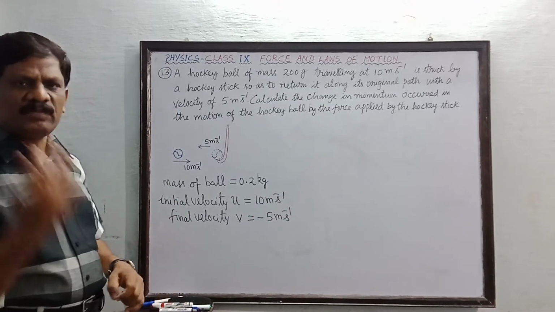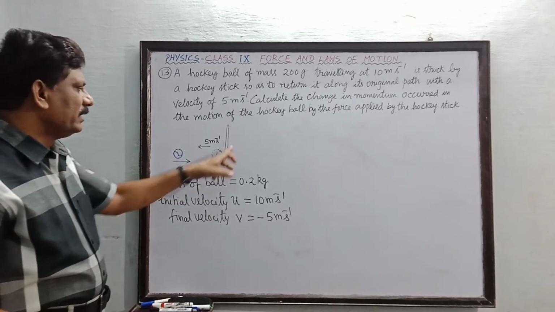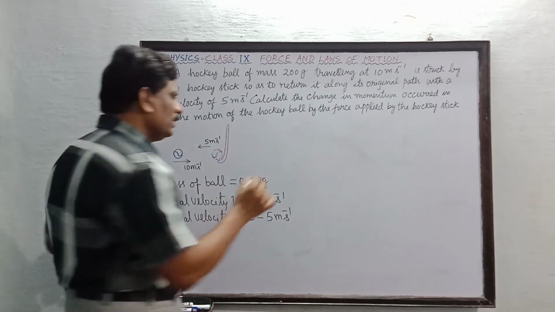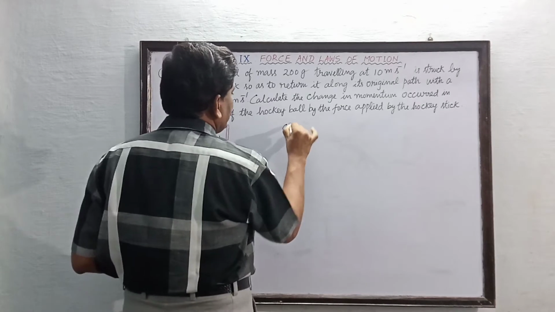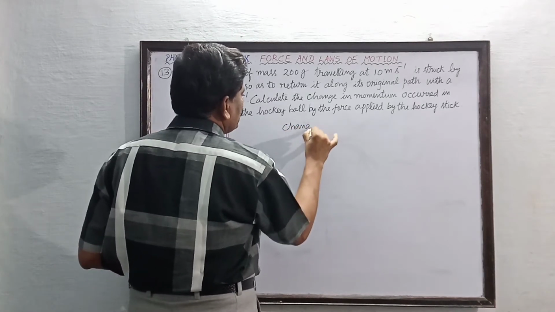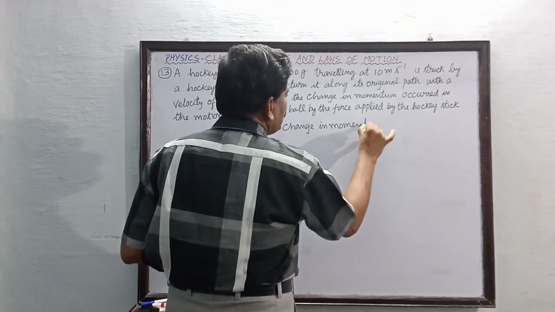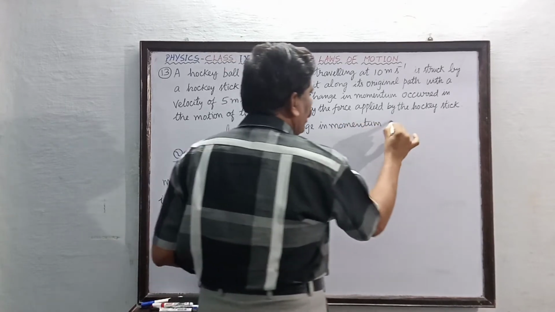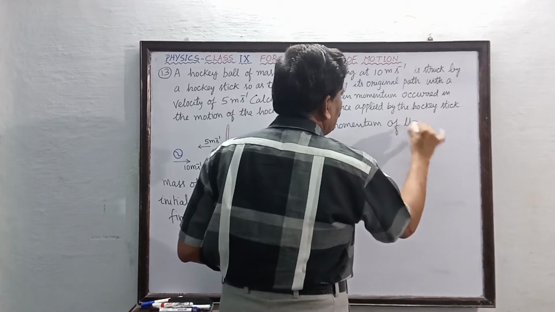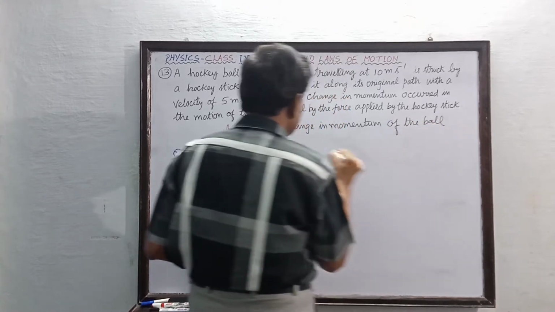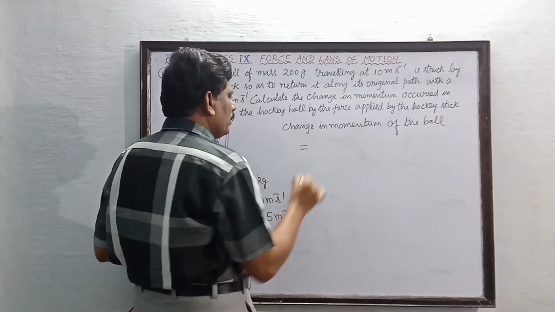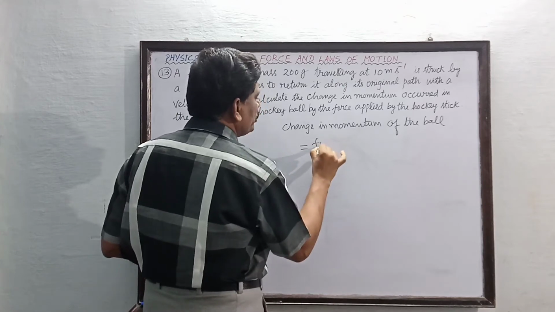So the momentum of the ball is changing, that is equal to the force exerted by the hockey stick. So change in momentum of the ball is equal to final momentum minus initial momentum.